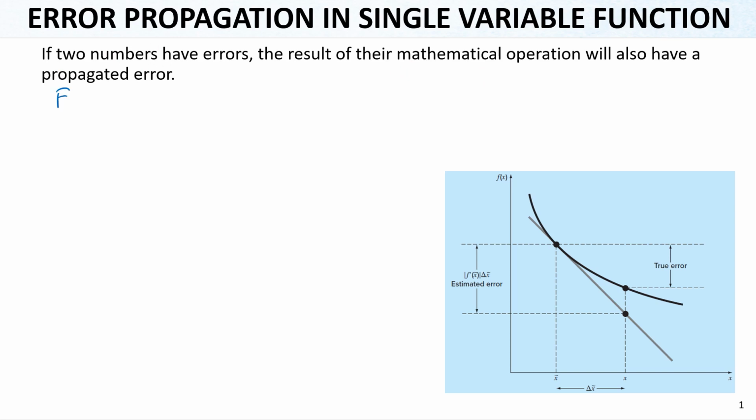Let's say we have a function f(x), and assume that x tilde is an approximation of the value x. So there is a discrepancy between these inputs. Also, there is a discrepancy between the function values, and the discrepancy is the difference or error.